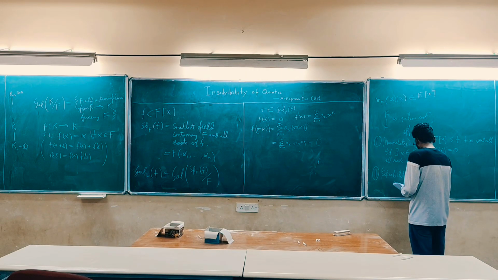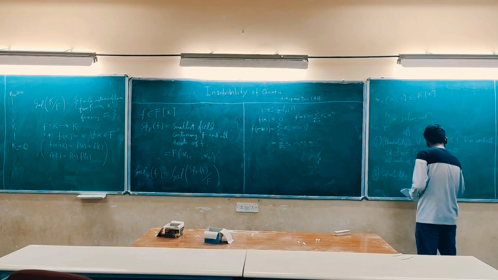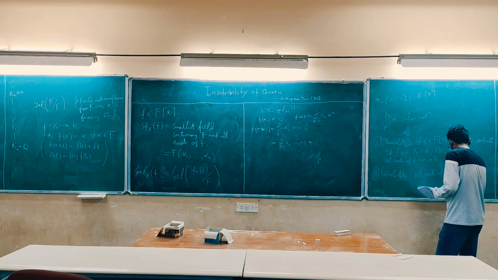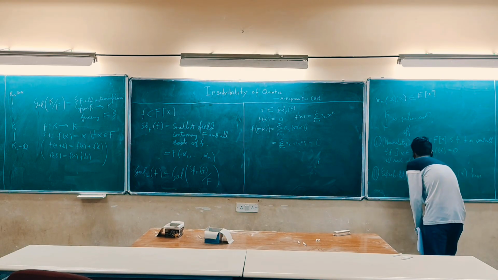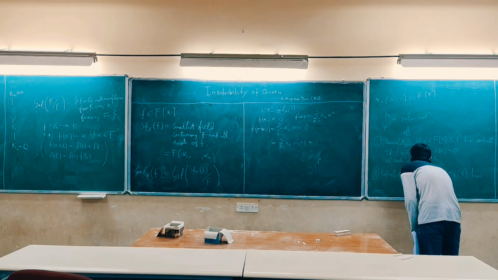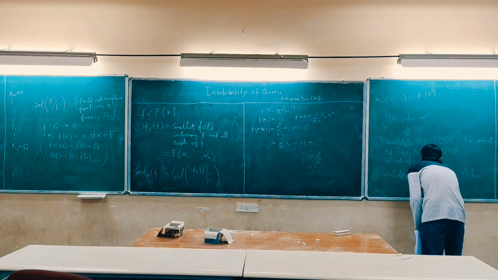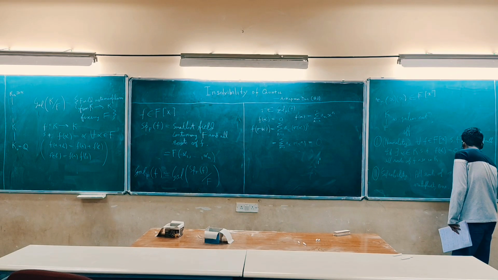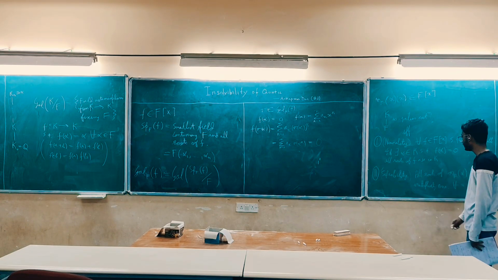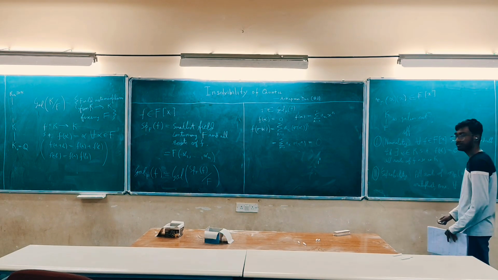This just says that all roots of the minimal polynomial have multiplicity 1, for all alpha in K. So all the minimal polynomials have roots of multiplicity 1.